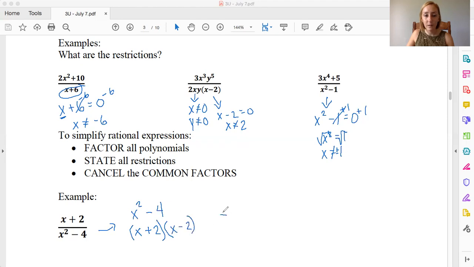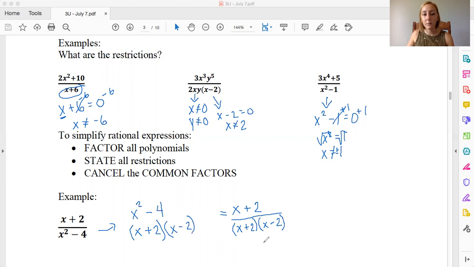Okay, so that means that our rational expression will look like x plus 2 over x plus 2, x minus 2.